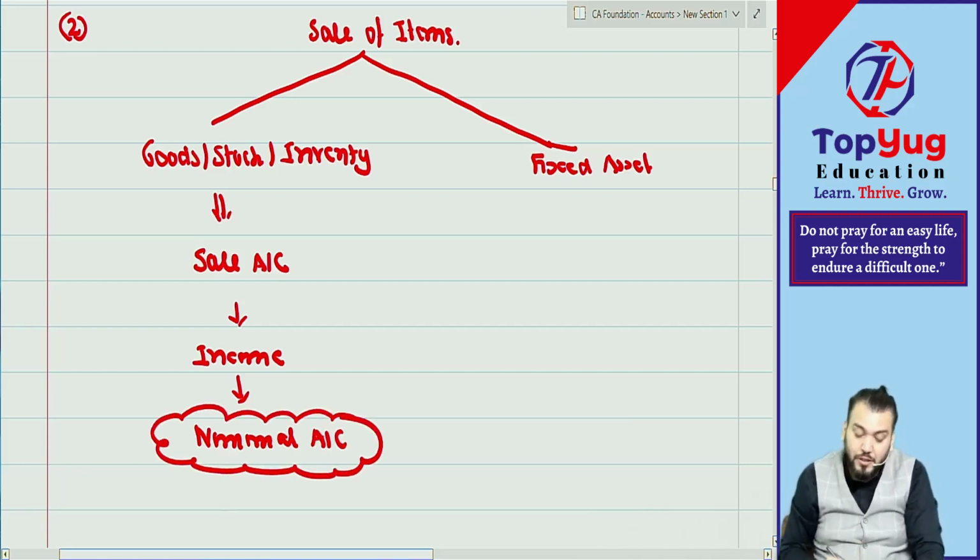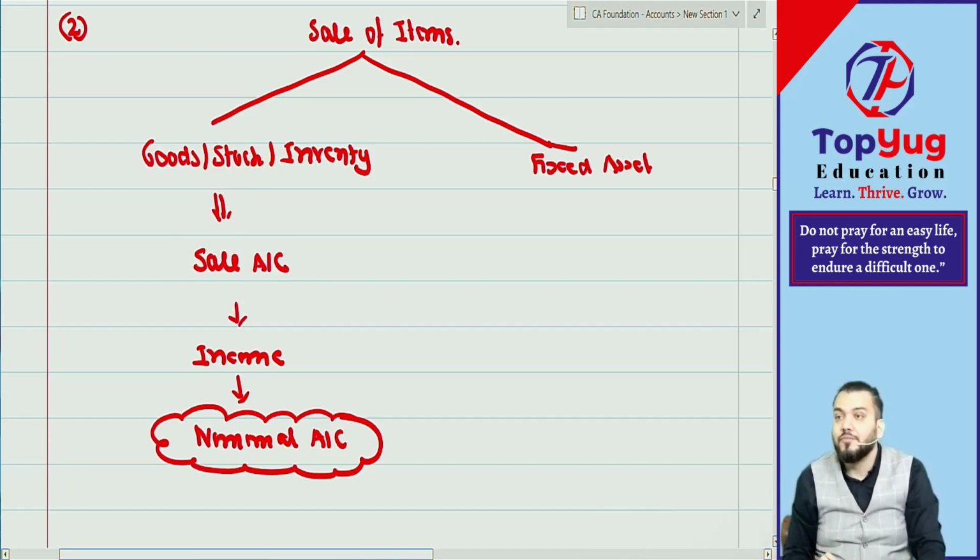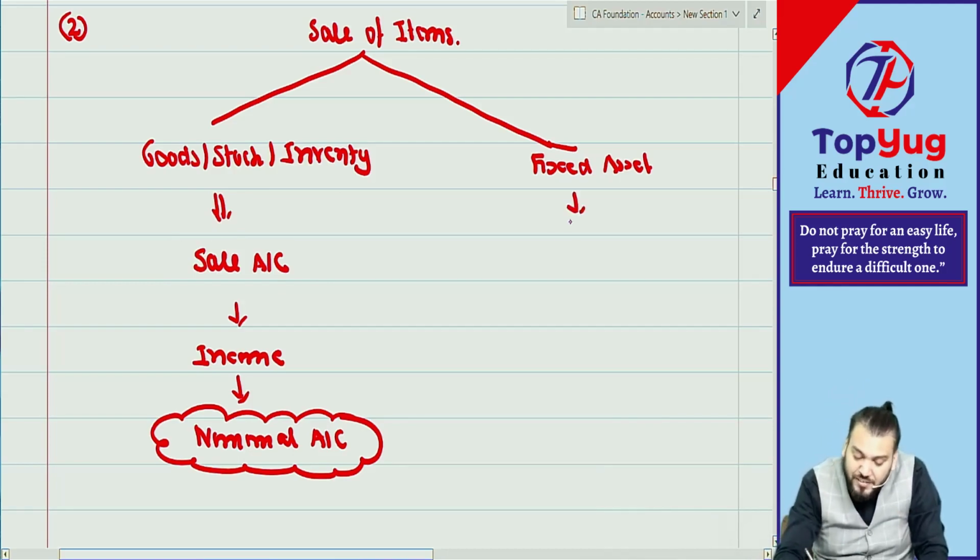Have you understood? So for sale of inventory, we will always open which account? Sales account. We cannot say inventory account. We need to say what? Sales account. Correct. But for sale of a fixed asset, we need to deal with the respective fixed asset account only.